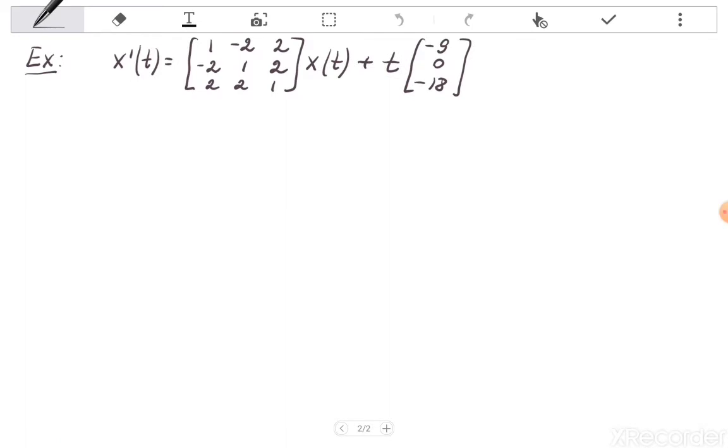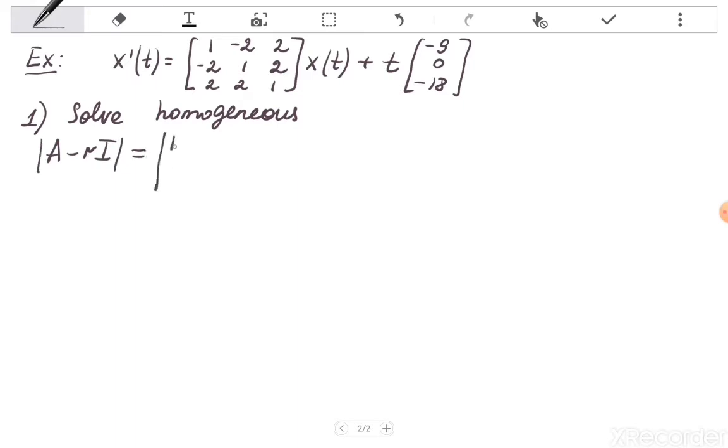So we are given such a system of differential equations. Let's solve it. The first step, we solve the homogeneous system. For this, we find the determinant of A minus r I and make it equal to 0.